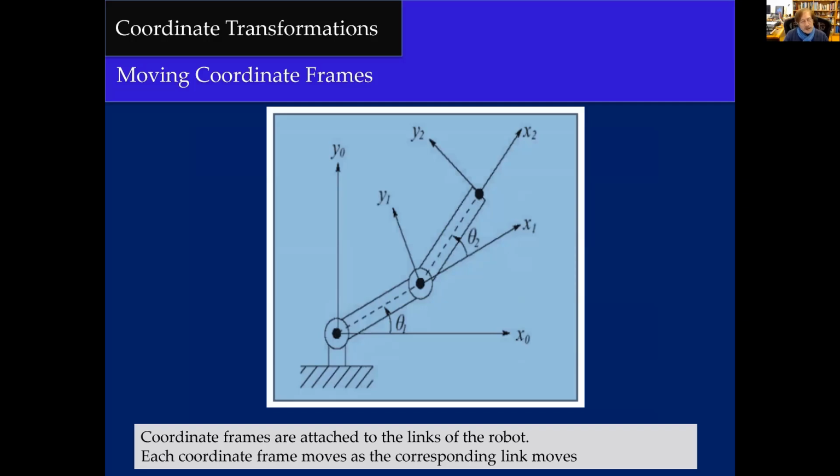In many engineering works, such as electrical engineering and computer engineering, we did not need this term. In an electronic circuit, you do not need moving coordinates. But when it comes to robotics, there is a need for moving coordinate frames.